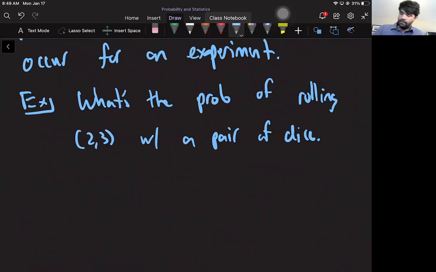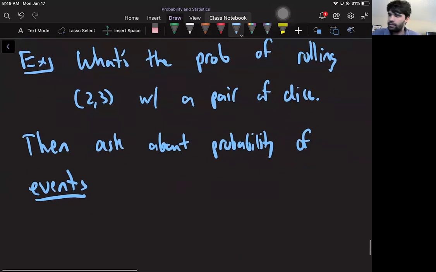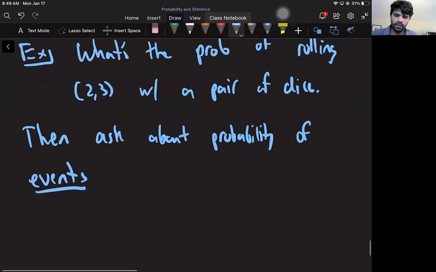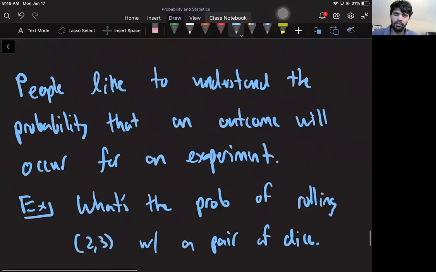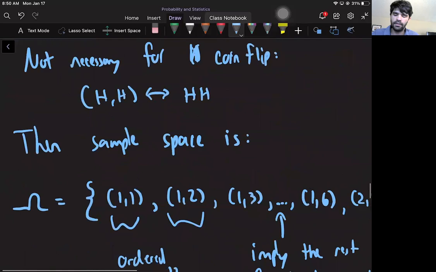But then they get more fancy and they ask about probability of, instead of just outcomes, events. So these can include more outcomes than just one. And so this is like saying, what's the probability of rolling a 7 with a pair of dice.